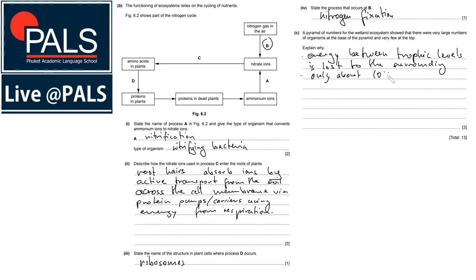About 10% of energy on a trophic level is passed to the next.